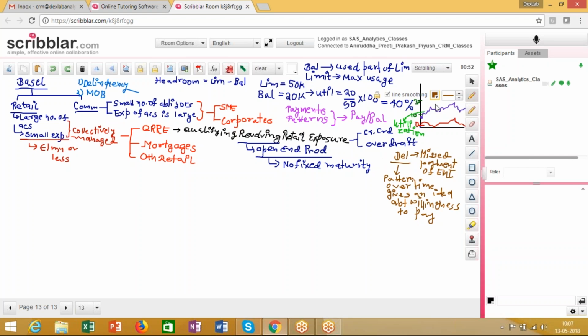Now, one important variation of the delinquency variable is the percentage of delinquency in the last 12 months. So, in the last 12 months, what percentage of time has the account been delinquent? Say the account has been delinquent four times, or once, or zero times.